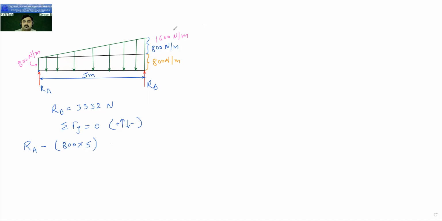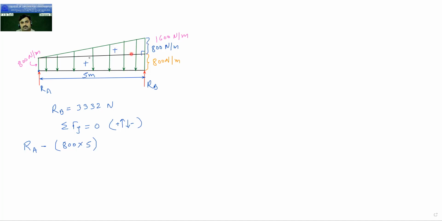Then similarly, we need to consider this triangle also. If you see this triangle, again the load is acting vertically downward through its CG. Now this load is acting through the CG of the triangle, as a point load, vertically downwards.